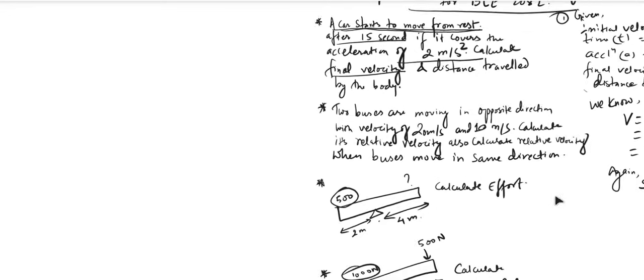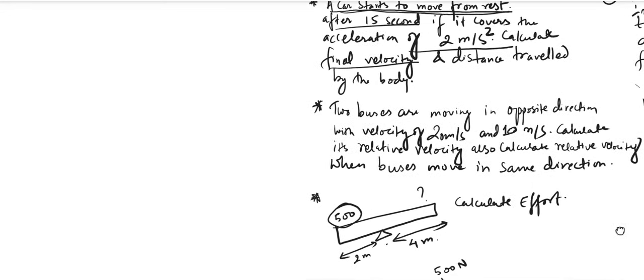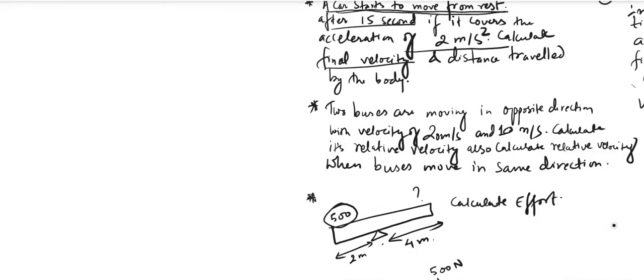So here I am going to do another numerical. Two buses are moving in opposite direction. First of all, given: one bus with velocity 20 meter per second, another with 10 meter per second.